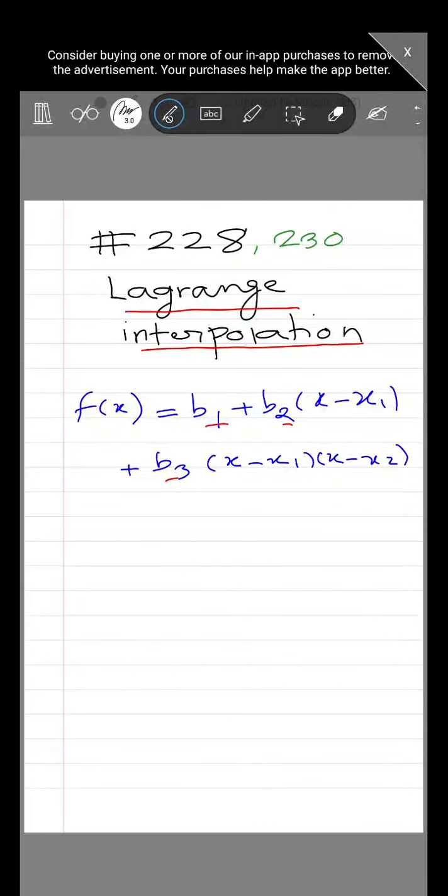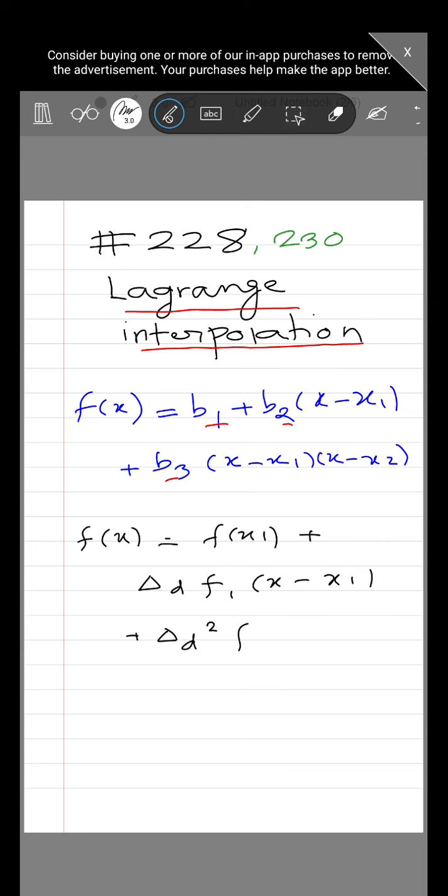We can write this equation as f(x) is equal to f(x1), which is the value of b1, plus delta d f1 into (x minus x1), plus delta d2 f1 into (x minus x1) into (x minus x2). This is quite interesting.